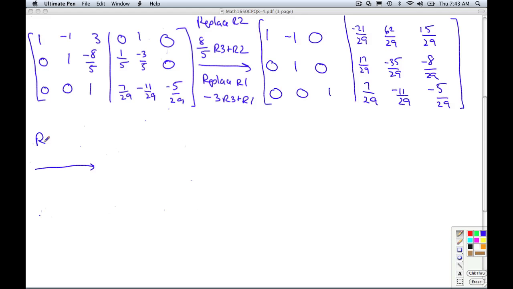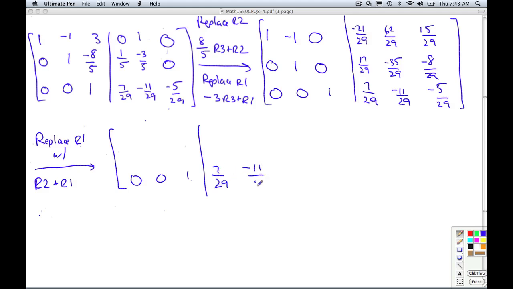Alright, so I'm going to replace row 1 with row 2 plus row 1. So row 3 I'm keeping the same. Row 2 I'm keeping the same.